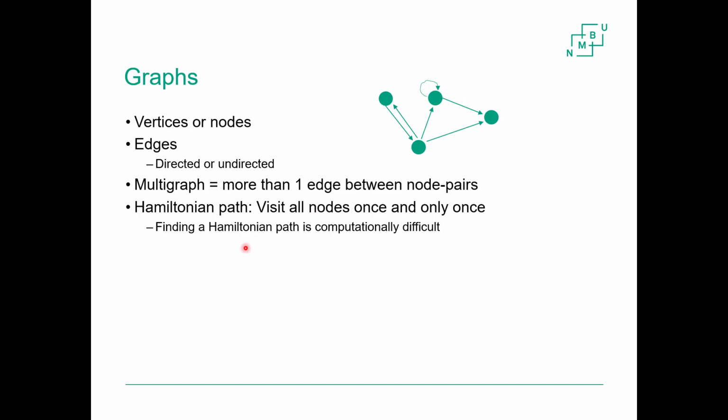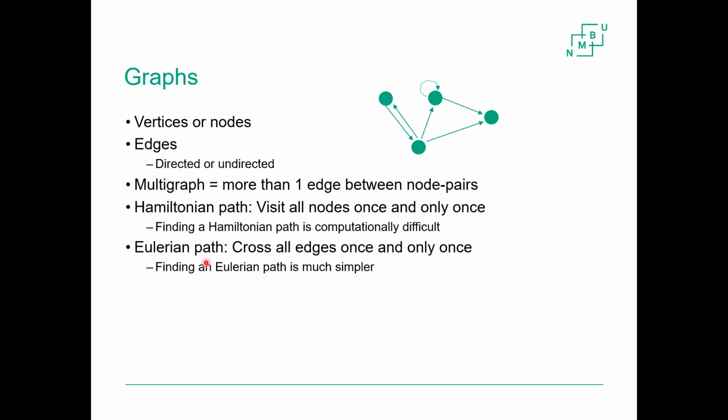In general, finding such a Hamiltonian path is really, really difficult if you have a big graph with lots of edges and lots of nodes. So this is one of the classical, you could say, difficult problems in mathematics and computer science, solving this Hamiltonian path problem.